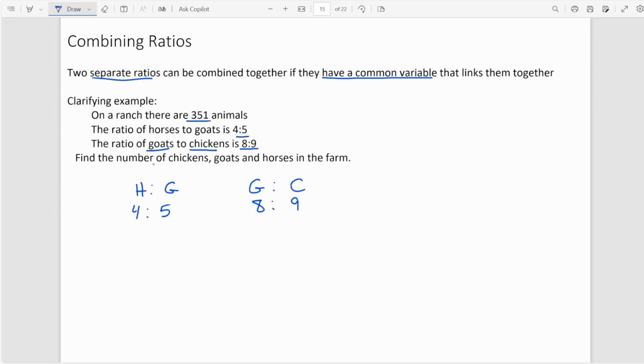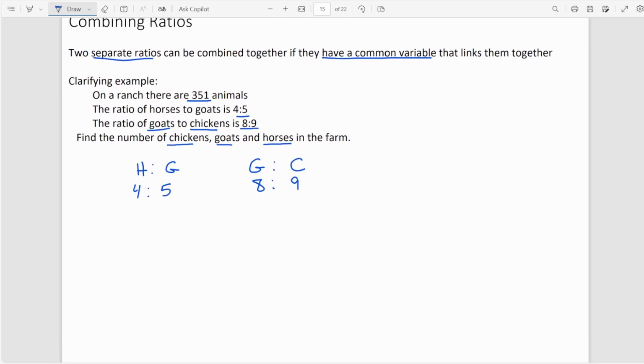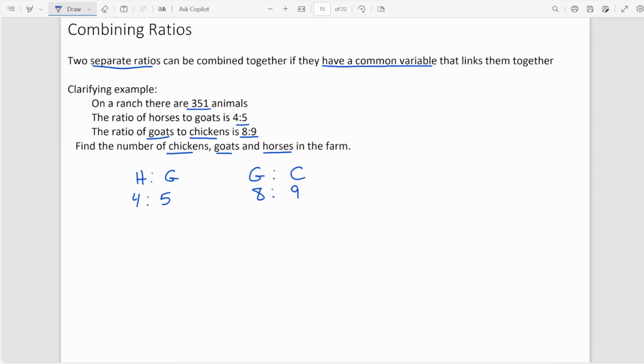So now we're being asked to find the number of chickens, goats, horses in the farm, okay? Now, it's really important to understand that when you have two separate ratios, none of them can be used separately with the 351 animals, okay? You need to combine them first. This is the only way. Now, how do I combine them?